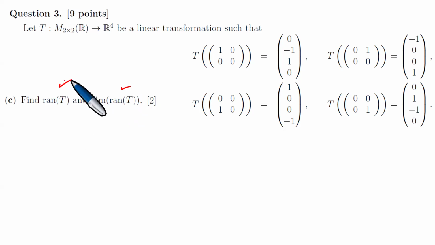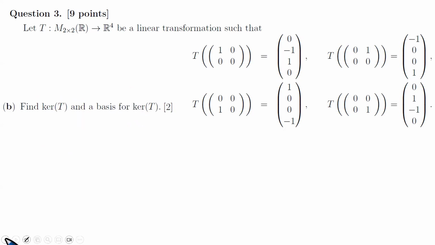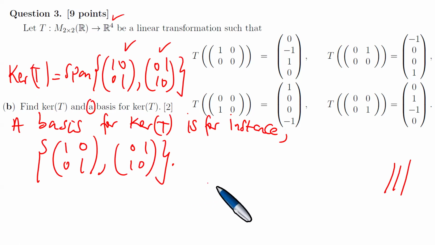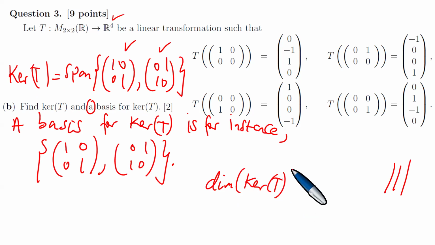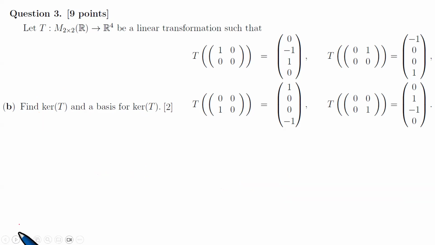Mr. Examiner, if you would ask us the dimension of the kernel, it would be the number of elements in the basis, which is 2. But they did not actually ask us that. It was just in an exam, so they can't ask all questions possible. But now we have a chance to do the next question.